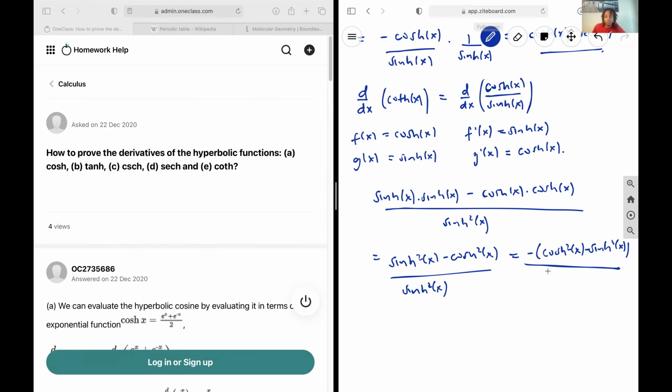And we use this identity in the first question. We know that this is going to be equal to 1. And so we'll get negative 1 over that, and that will be negative cosecant squared of x. Sorry, hyperbolic cosecant. And that's going to be our final answer.